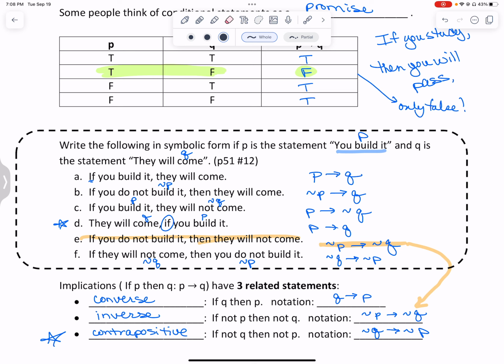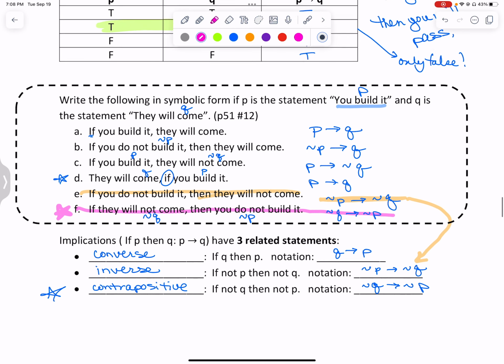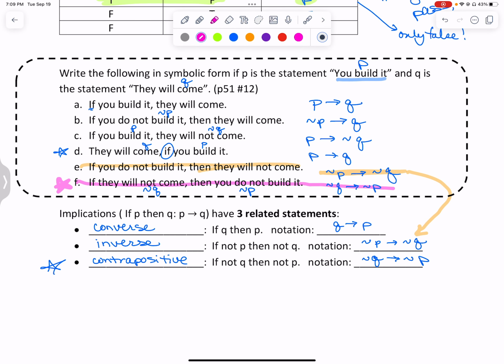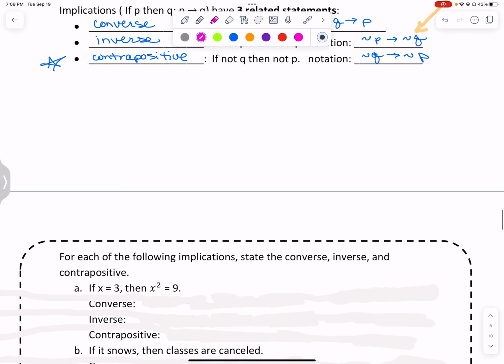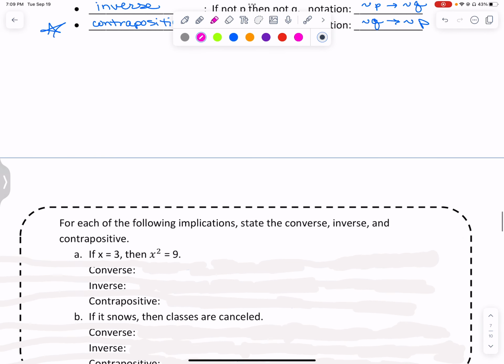And that is, if not Q, then not P. So that one, let's do that one a different color, maybe pink. This is the most important. So if they will not come, then you will not build it, okay?